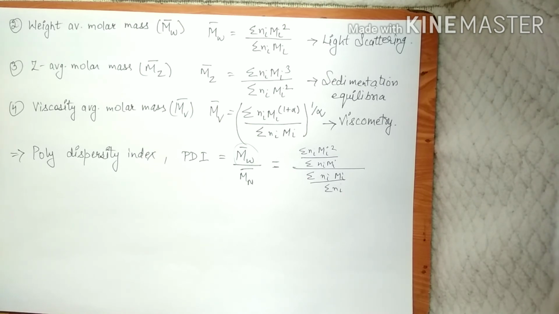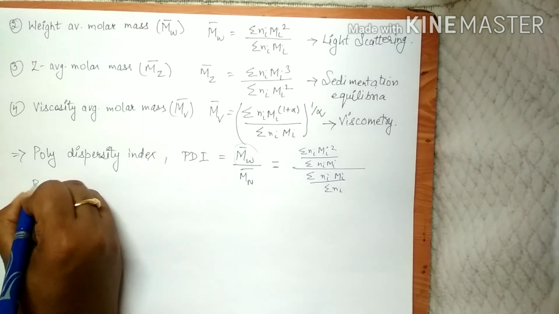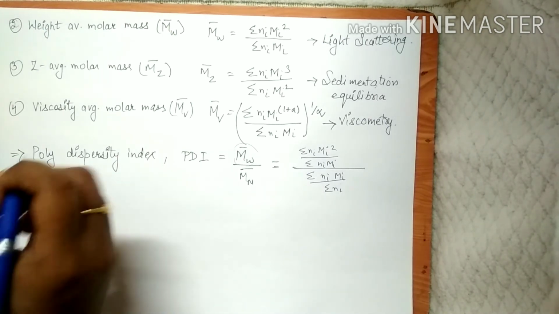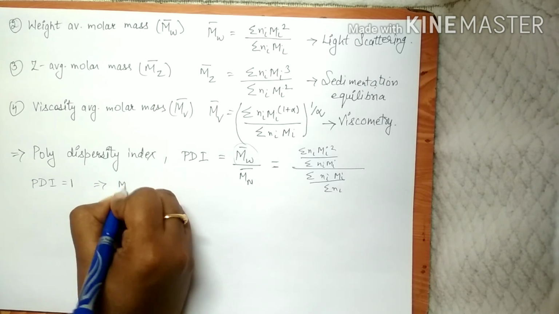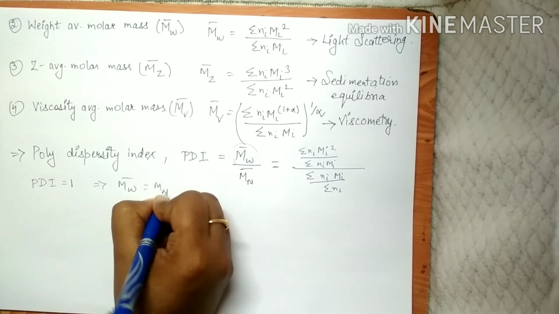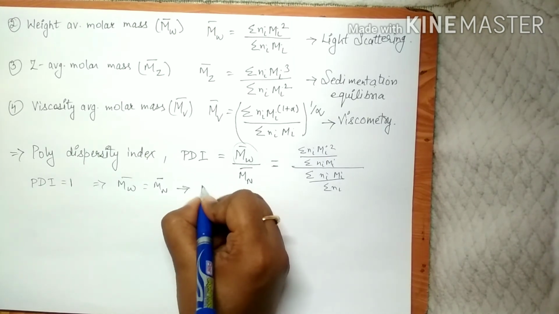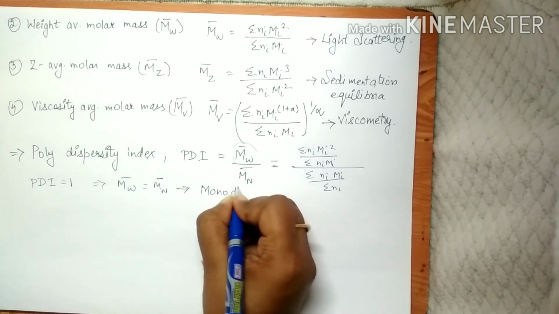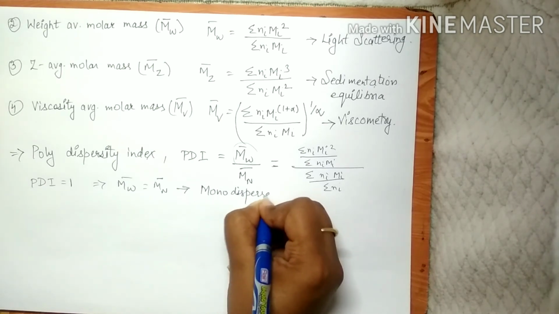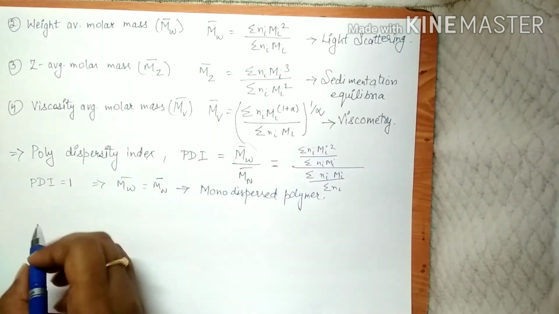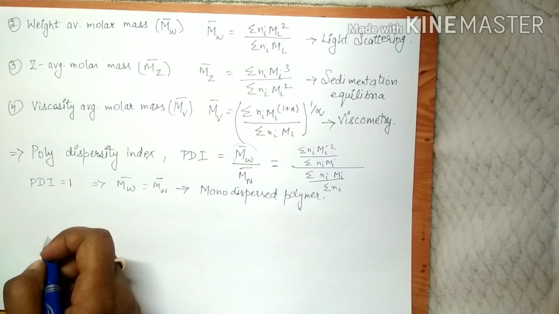So after finding the value of polydispersity index of a given solution of polymer, if you find that PDI value is coming out to be 1, then that means Mw is equals to Mn, right? Also, we can call the polymer as monodispersed polymer. Okay, if PDI value is 1, then it is monodispersed polymer.